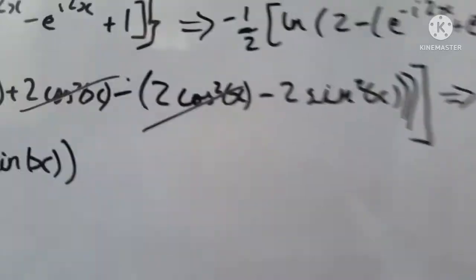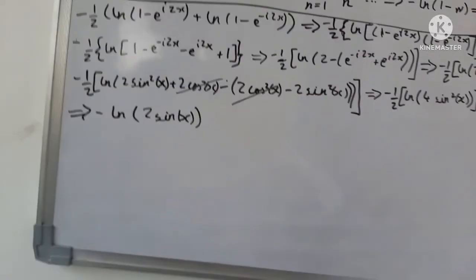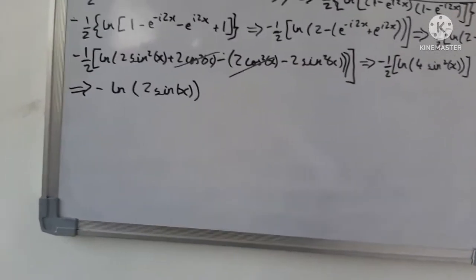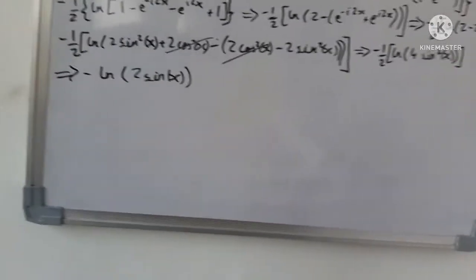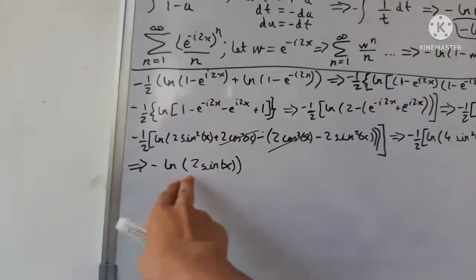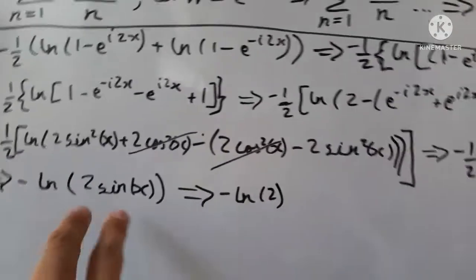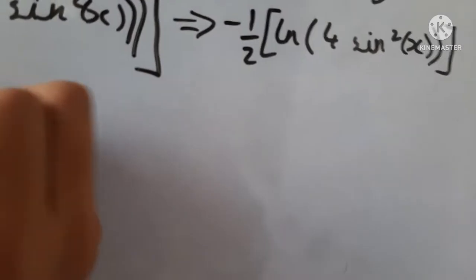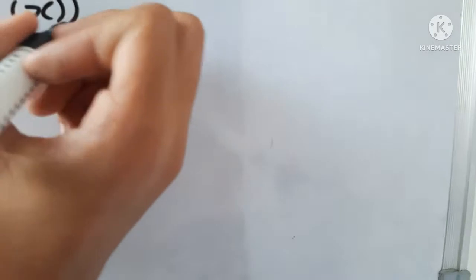So it's going to be negative ln of 2 sine x, right? Yes, that's true. Now, I want it to look better, so ln of 2, and of course we can separate these logarithm properties, minus ln of sine of x.